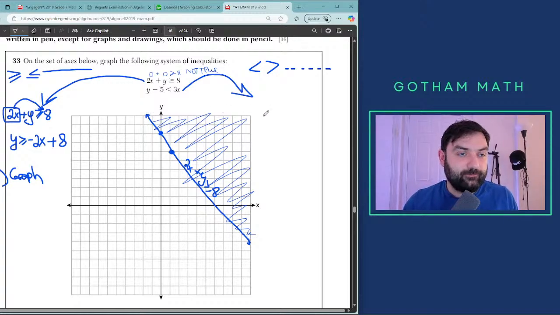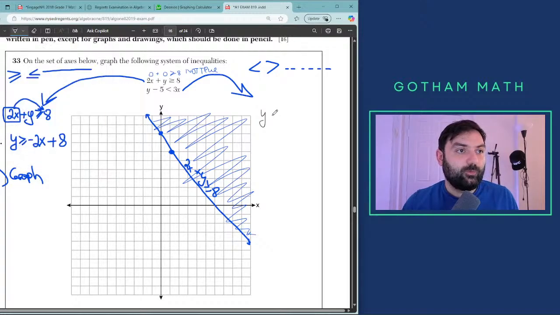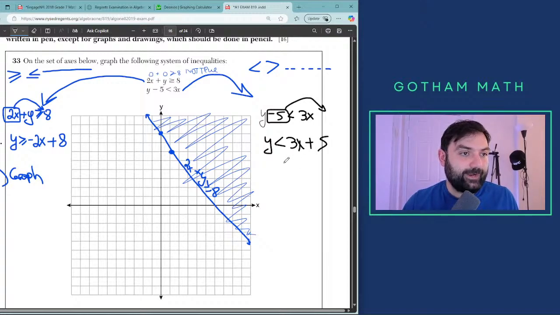That's all. So it's going to be y, let me do it a little bit thicker. y minus 5 less than 3x. So I'm going to move the negative 5 to the right side, which is y less than 3x plus 5. And this is it. Now I'm ready to graph that.